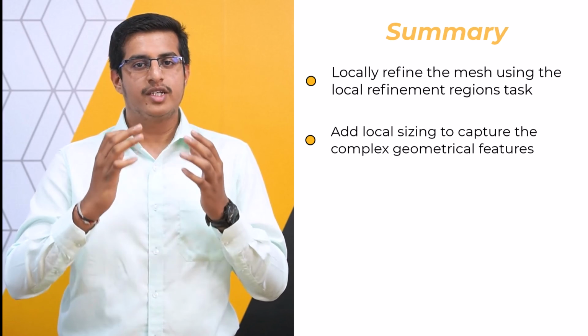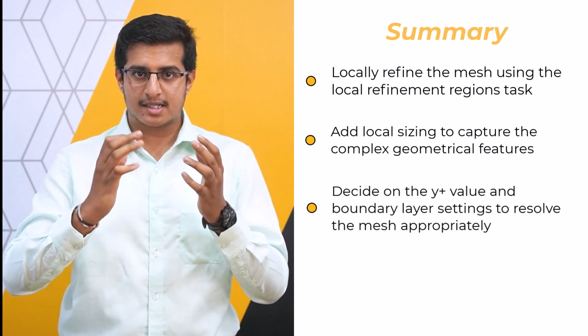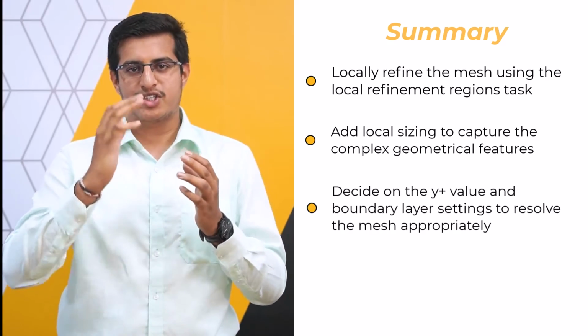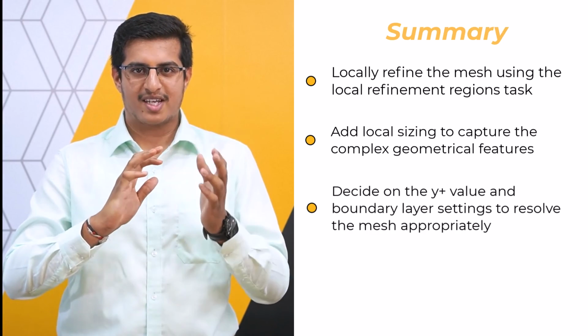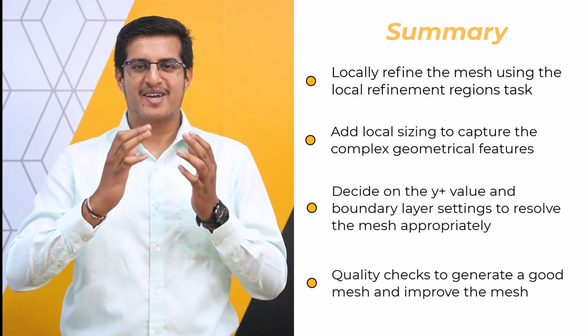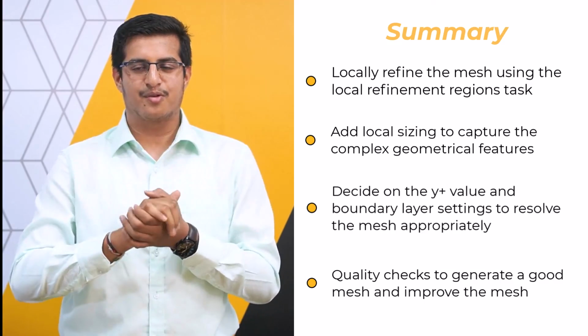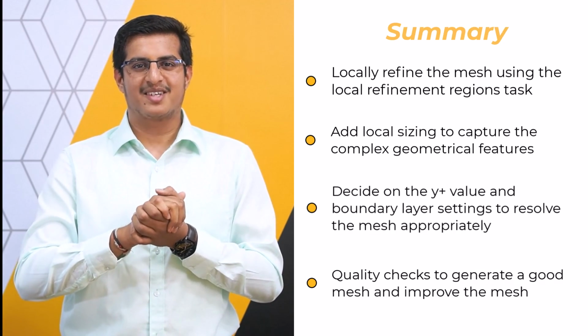After that, we saw how to decide on the y plus value and the boundary layer settings to accurately resolve the mesh near the walls. Finally, we learned the different quality checks to ensure a good mesh is generated and how the surface and volume meshes can be improved. That brings us to the end of the lesson.